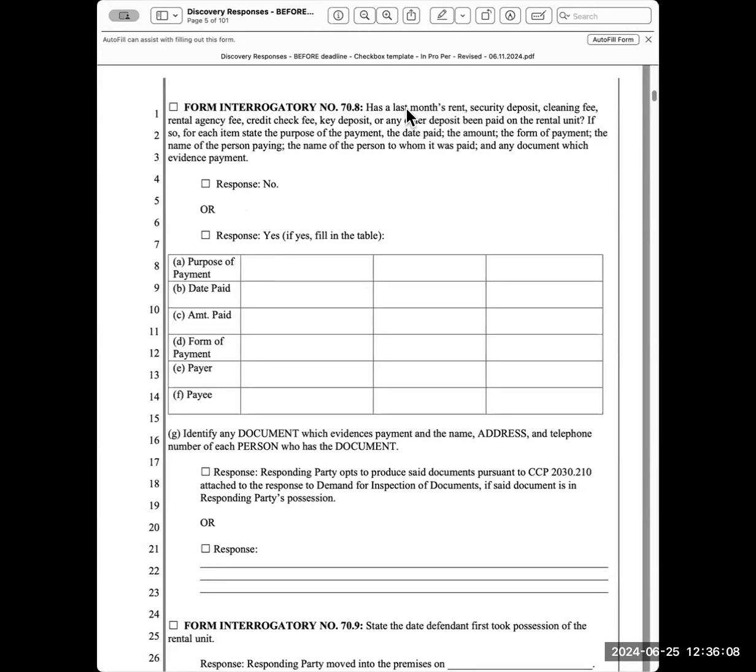So hypothetically, if you sign a lease for a year, when you move in, you pay your first month's rent. And in some instances, the landlord may have requested a last month's rent, meaning the very last month you're going to be living in there, they want that prepaid. And they could also request a security deposit. It's unusual for there to be last month's rent in newer agreements.